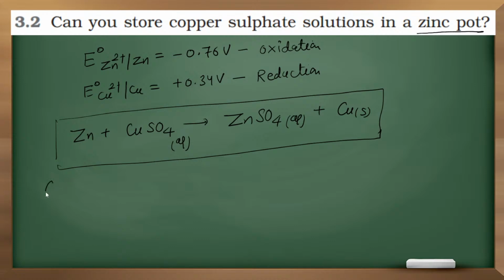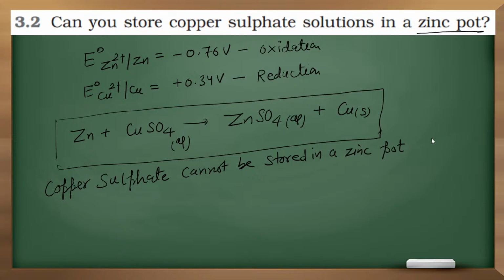That's why, as copper can oxidize zinc, therefore copper sulfate cannot be stored in a zinc pot, because copper can oxidize zinc.